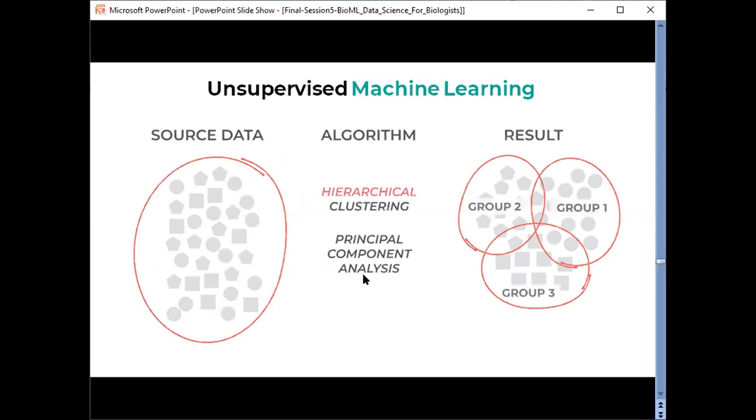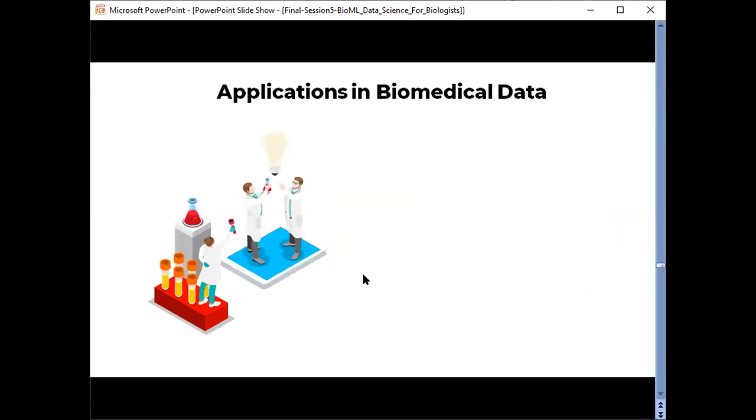Then we also have supervised machine learning, which takes into consideration the classes of the samples. What are the main applications of machine learning in biomedical data?